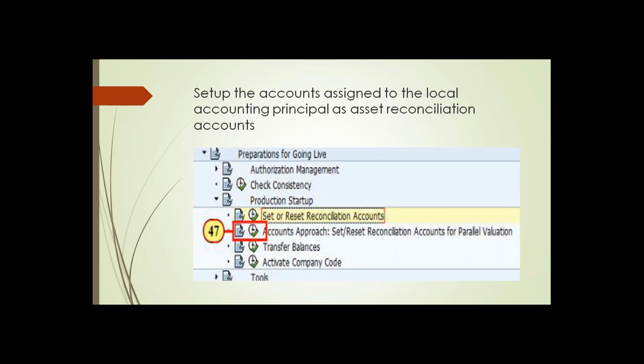But now this activity is in place, in which you can set or reset reconciliation accounts for parallel valuation also. So this particular activity has been added. Instead of one activity, there are now two activities for setting and resetting of reconciliation accounts.